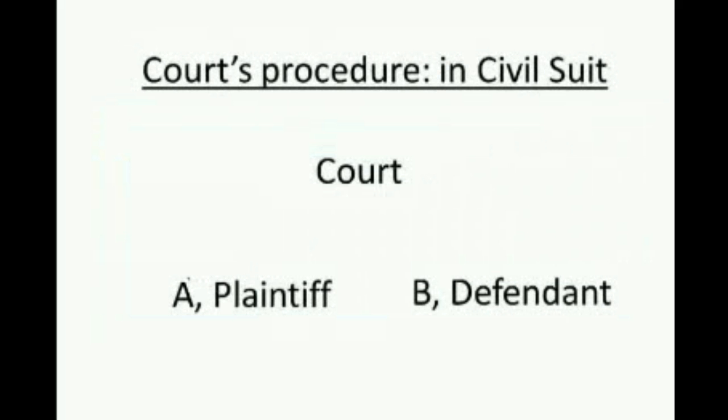First of all, let's say there are two parties, party A and party B. A wants to file a suit against B. So in that case, A first of all gives a notice to B through his advocate that he is going to file a suit against B. If still B does not reply, or replies in a way that he does not provide the relief that A wanted, A is free to go to court, and in that case A has to file a plaint to the court, let's say P.